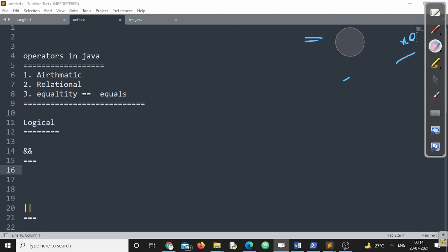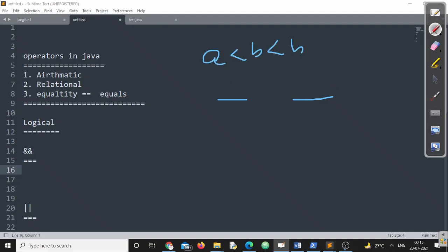So for a lot of requirements in the programming world, I have to use different logical operators. The major role of a logical operator is to combine more than one relational operator together. In Java, I cannot write it like this. This is completely invalid, right? But if I want to achieve this, I have a lot of options.